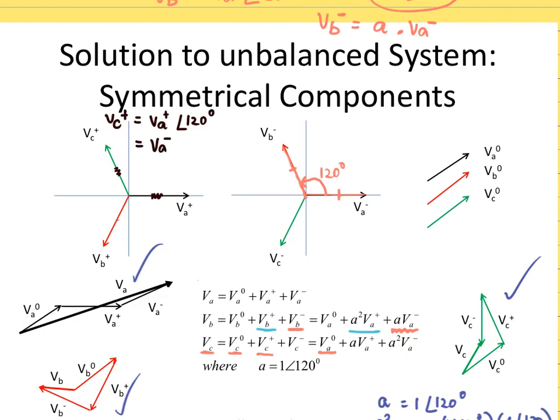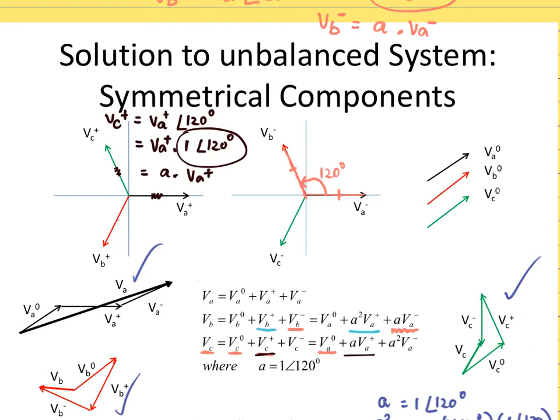So that's VA positive times 1 at an angle of 120, and this whole thing is A. So A times VA positive. And there it is. VC positive is A VA positive.